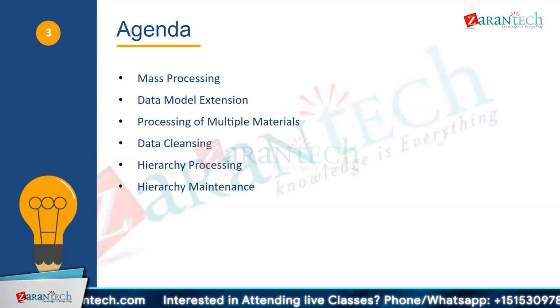Using this, we can clean up the data in the existing system. If it is a new system, we will upload into MDG, whether it is BP, material data, or finance data, whatever it is. And why do we use mass processing? Consolidation is where we upload huge data.